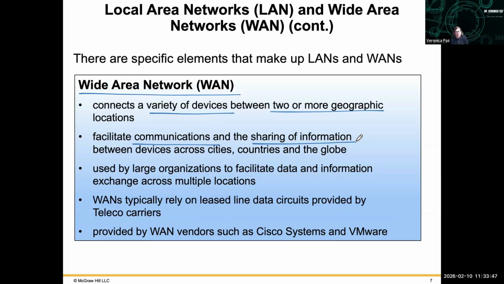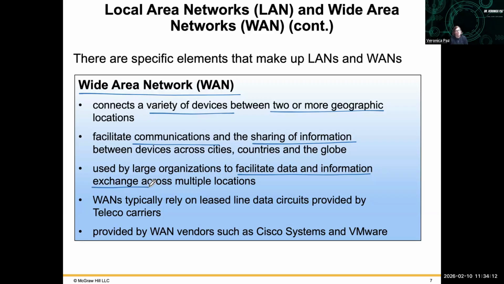I would say most of the wide area networks that I've been involved with are usually around the United States, but I had a company that I worked for that also had establishments in Australia, so you could have those across different geographic areas.